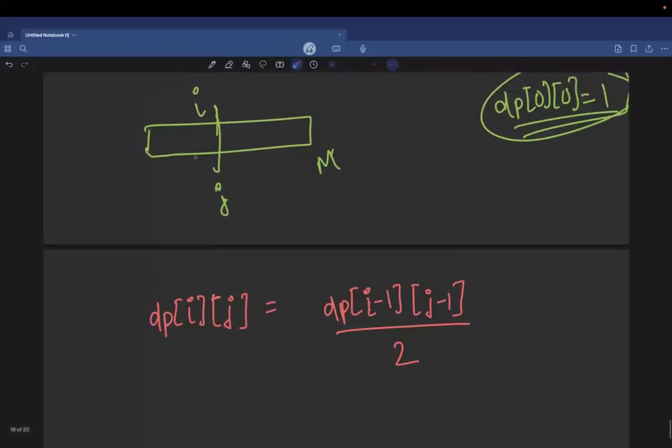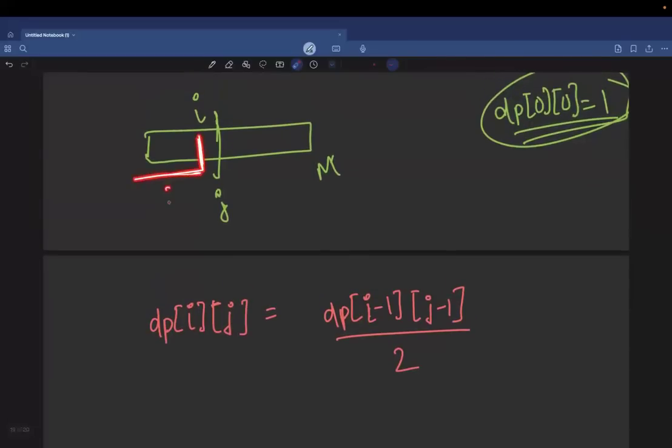So basically, among the first i minus 1 steps, j minus 1 were dead. Then, whatever the probability is, let's say the probability is x, there is x by 2 probability of j people being dead in the first i steps.